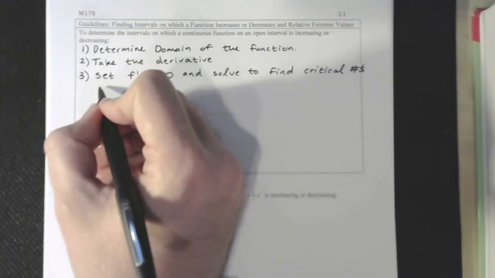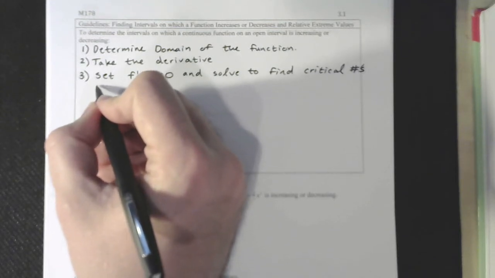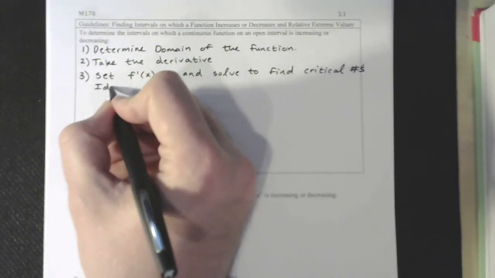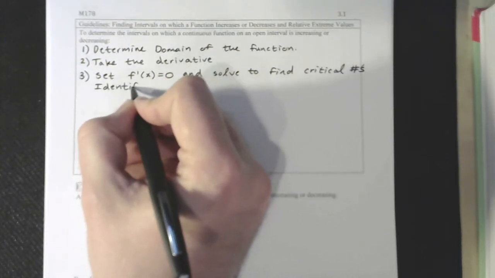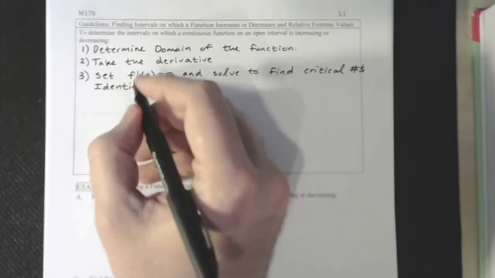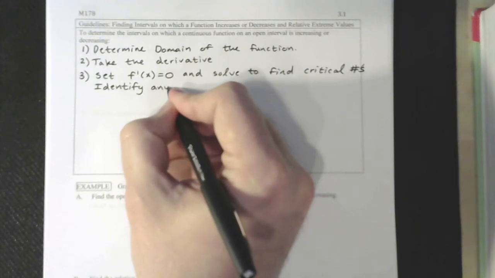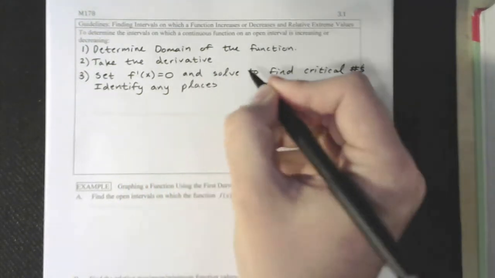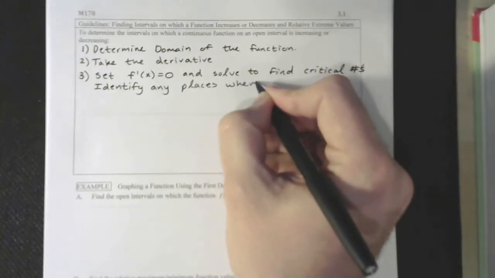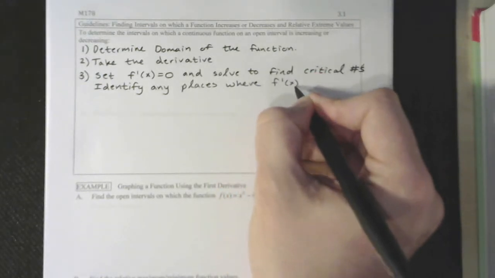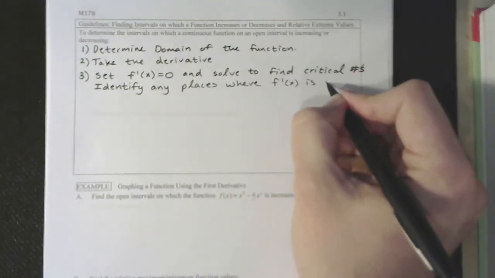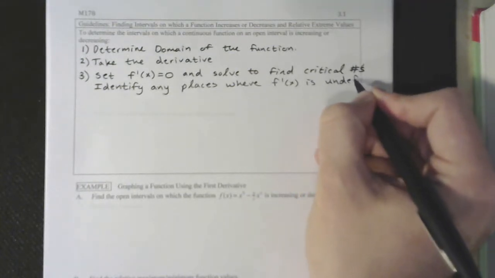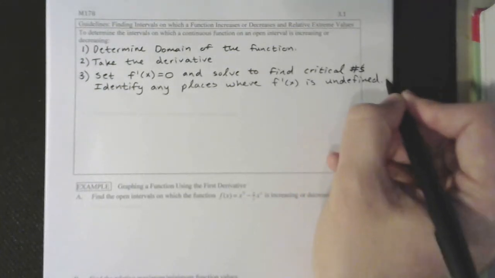Also, we need to look at and identify any places where f prime of x is undefined, because those are also critical numbers.